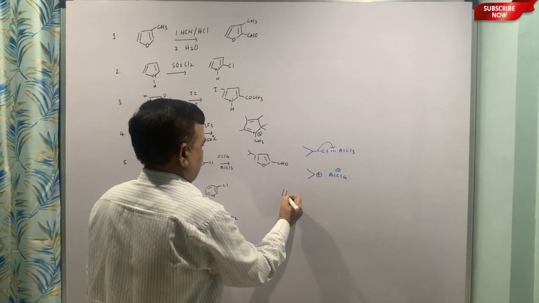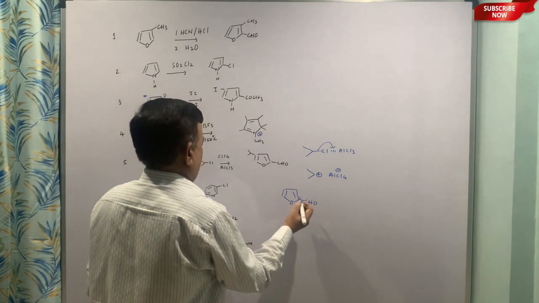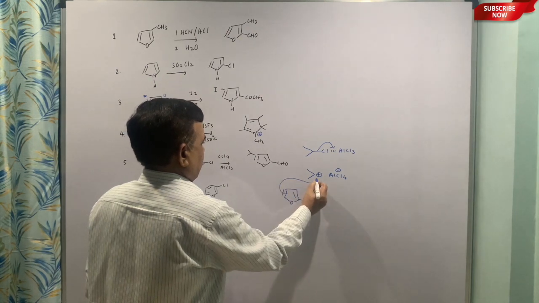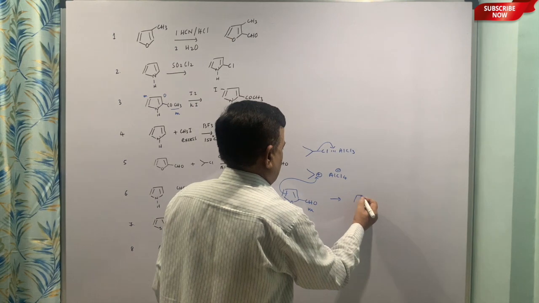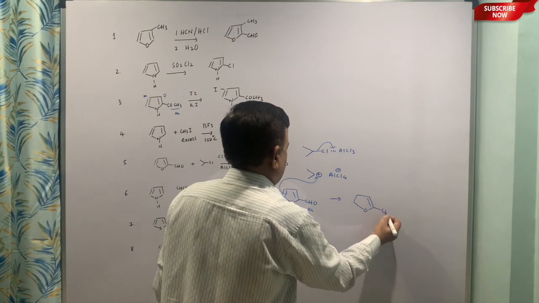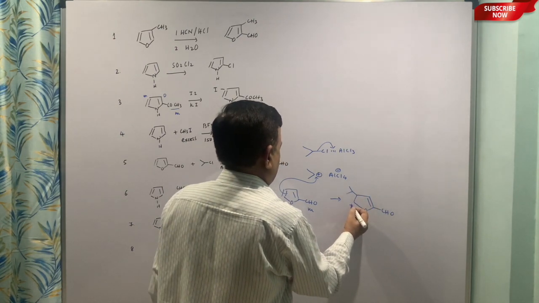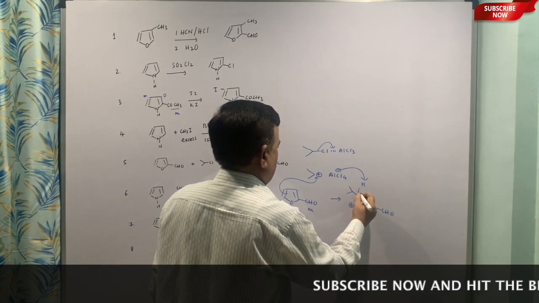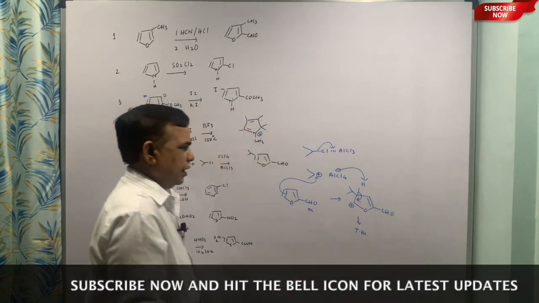In this compound the meta position is attacked since this is meta orienting, so this comes and attacks. Now the secondary cannot reorganize because that is the maximum stabilization one can have with this carbonium ion. This AlCl4 minus can help in the aromatization. So that is how you get the target molecule.